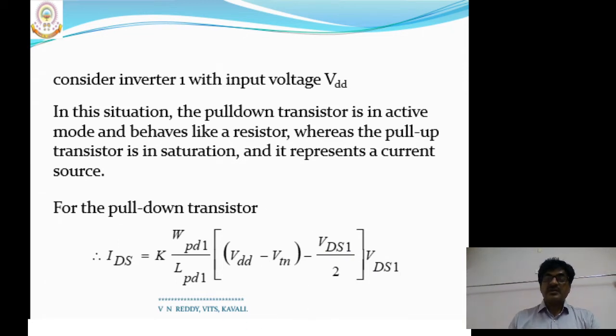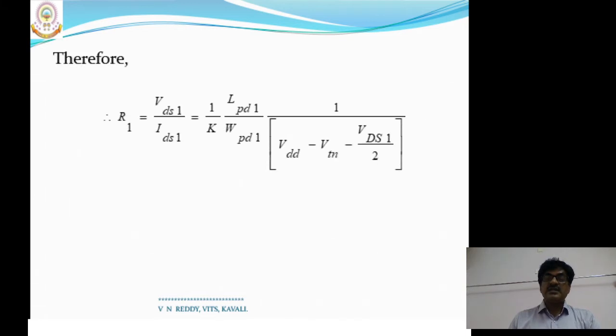Now the resistance R1. How can you get it? Voltage divided by current is the resistance. Therefore R1 equal to VDS1 divided by IDS1. From the previous equation, the ratio VDS1 by IDS1 equals 1 by K into LPD1 divided by WPD1 into 1 by the voltage term.